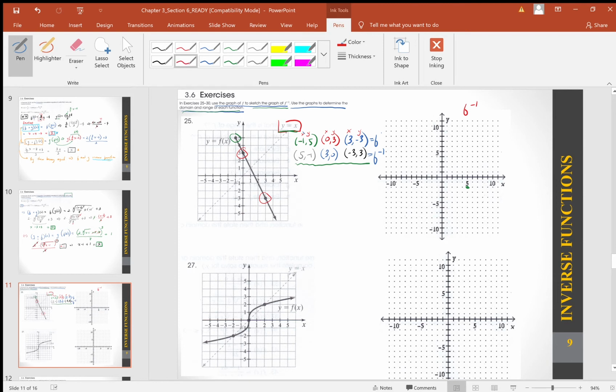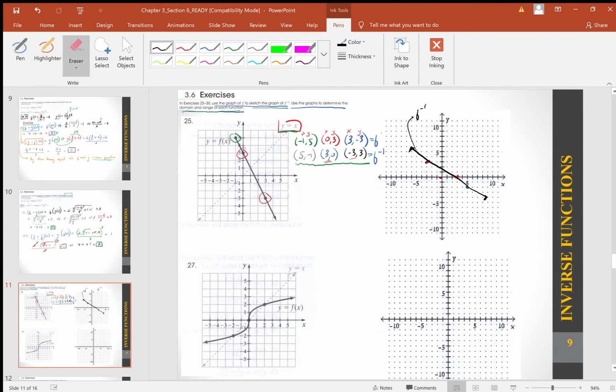Okay, and then we want to plot 3, 0, 1, 2, 3, right here, and then -3, 3. This is my 0 here, 1, 2, 3, 1, 2, 3. And then I just draw a line. Okay, and this is my inverse function right here.